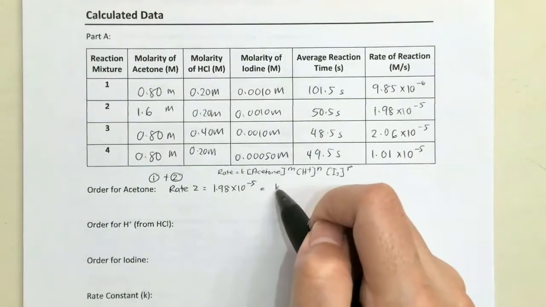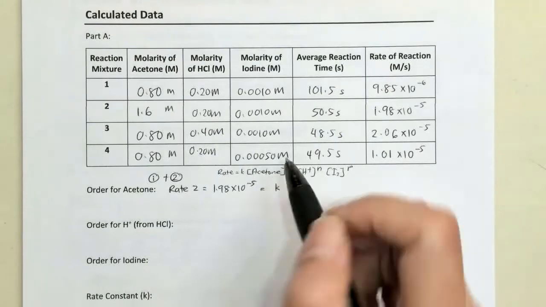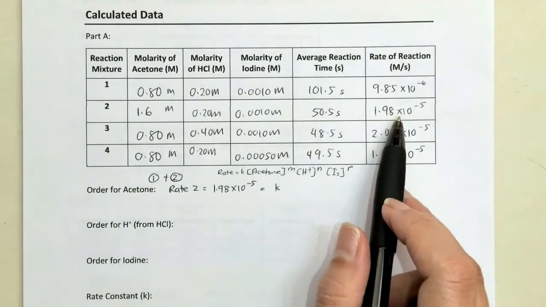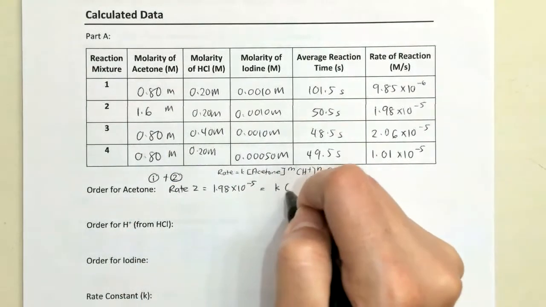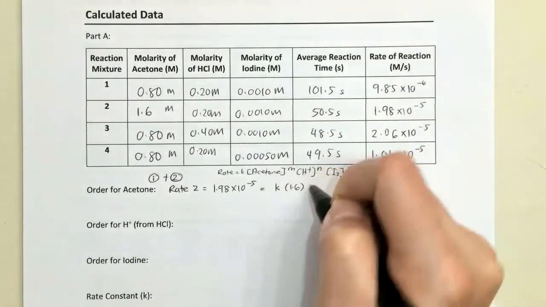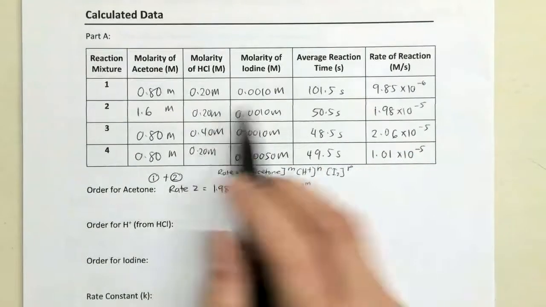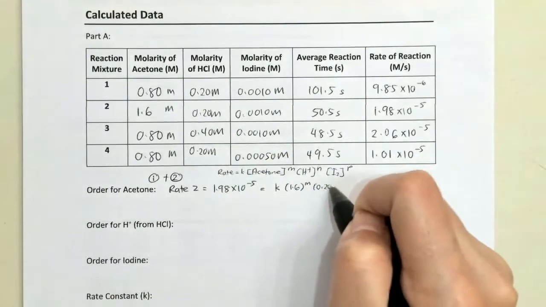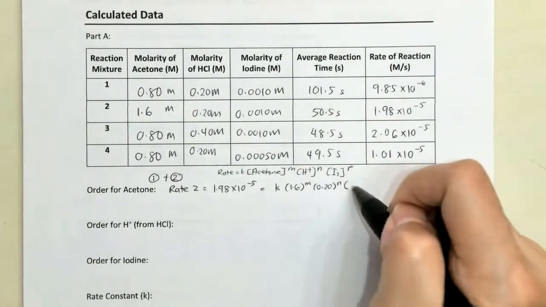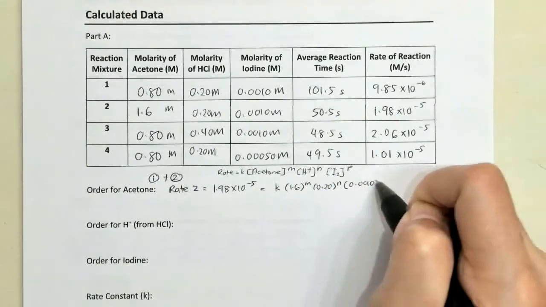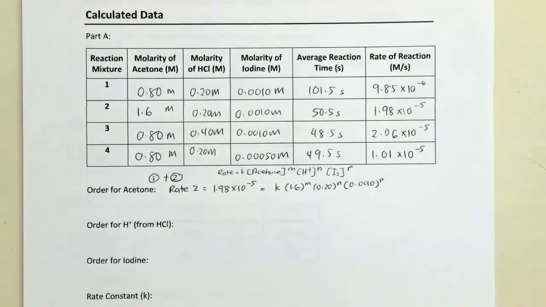Now all we want to do is go ahead and plug that in. So you see how I put that rate here for line 2? I'm going to put the molarity for line 2 there. So 1.6 to the power of m, 0.2 to the power of n, and then 0.0010 to the power of p. That's rate 2.